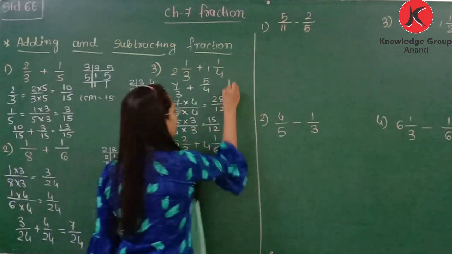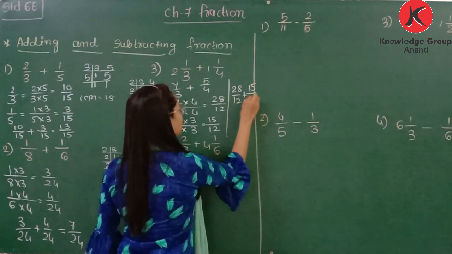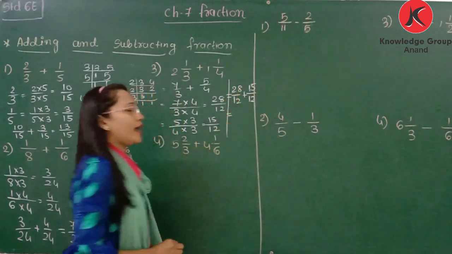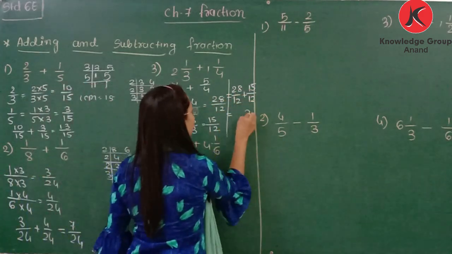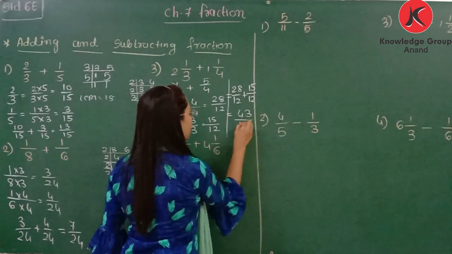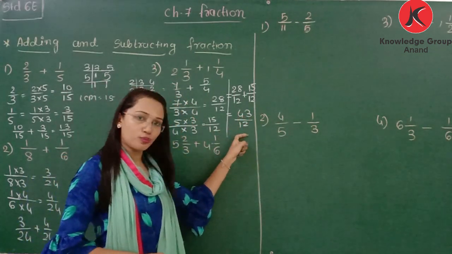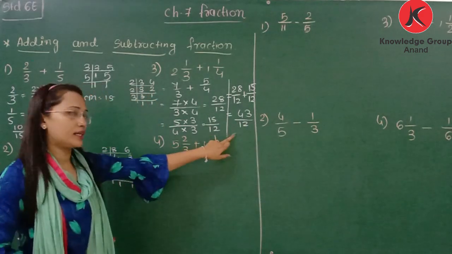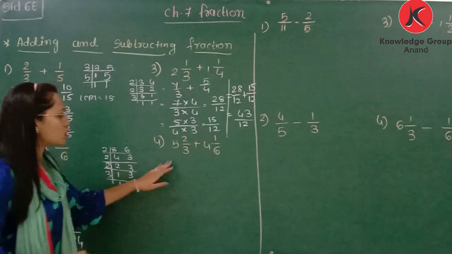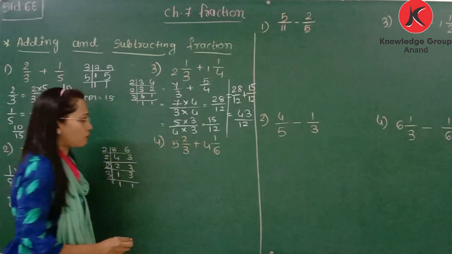So here we will add 28 and 15. 43 by 12. You can convert this improper fraction into a mixed fraction, or you can leave the answer as it is. This is also a correct answer. Clear?